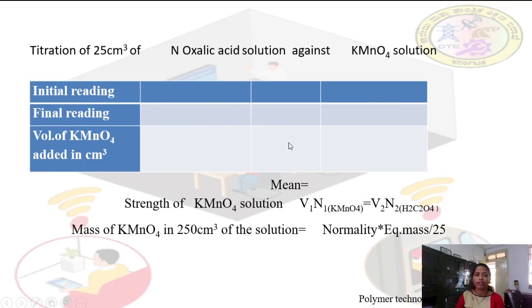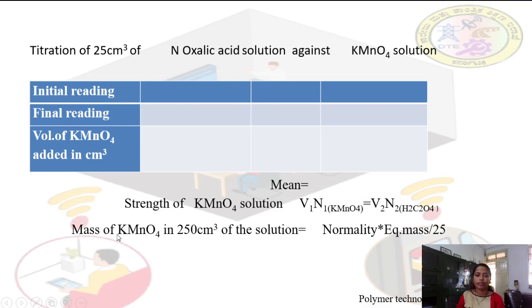Then we have to take the mean of these trial values, and then calculate the strength of the potassium permanganate solution, that is, V1N1 is equal to V2N2. V1 is the volume of the potassium permanganate that we are getting here, N1 is the strength of the potassium permanganate we have to calculate, V2 is the volume of the oxalic acid added, and N2 is the strength of the oxalic acid.